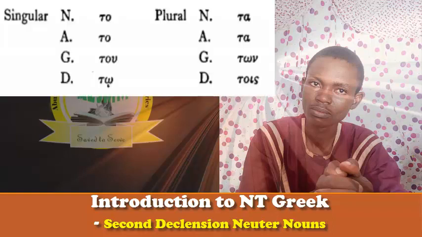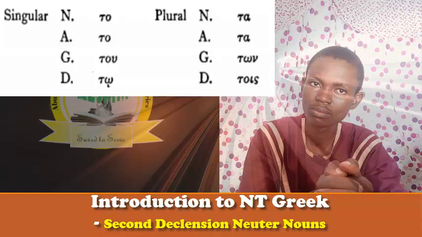Now, in order to be very fast with our Greek lessons, let's consider the definite articles for the neuter nouns. The definite article for neuter nouns are declined as follows. We have the singular nominative as to.